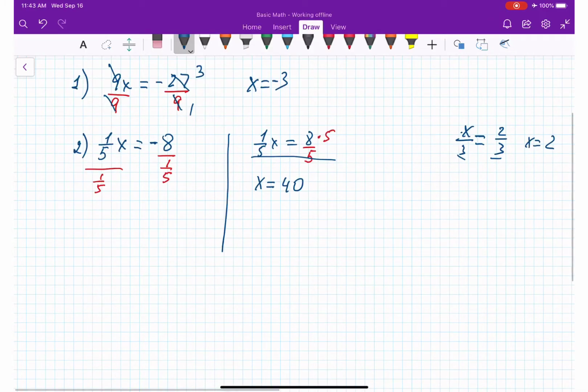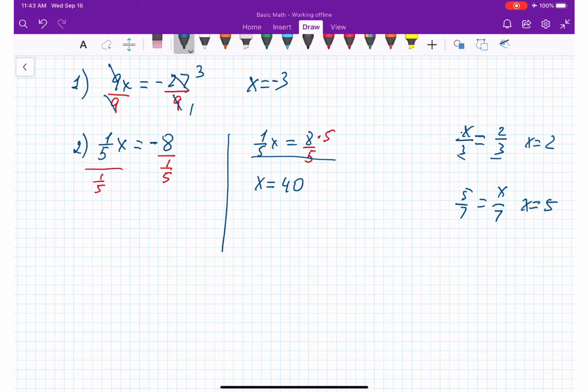So 2 over 3 would be equal to 2 over 3. If I have 5 over 7 equal to x over 7, then my x has to be 5, right? So this equation would be valid.